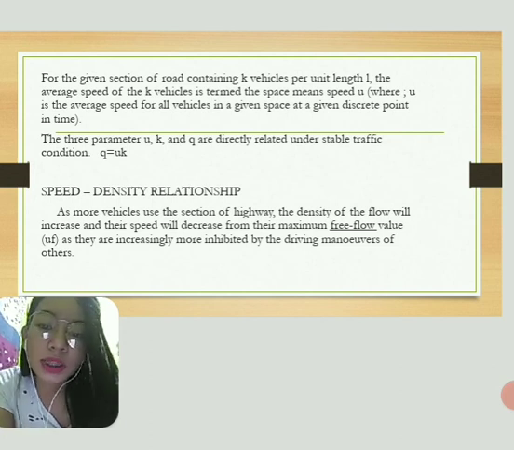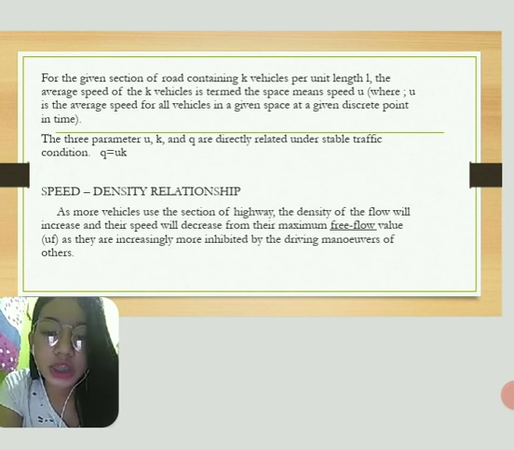So let's proceed to the speed-density relationship. As more vehicles use the section of highway, the density of flow will increase and their speed will decrease from a maximum free flow value, or Uf, as they are increasingly inhibited by the driving maneuvers of others.